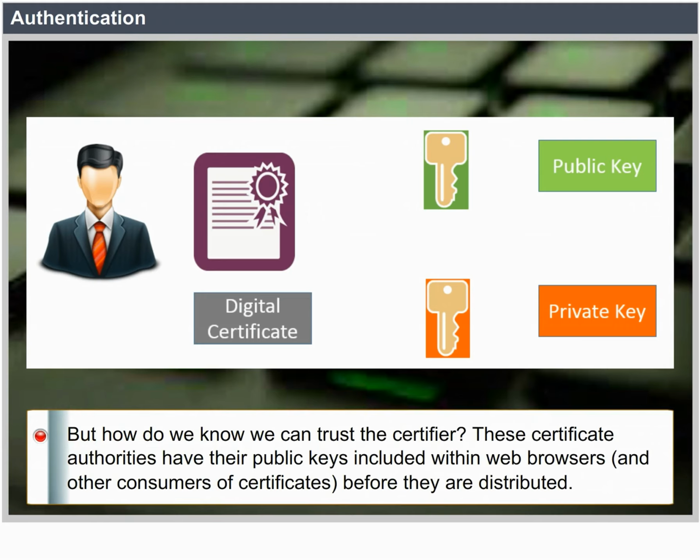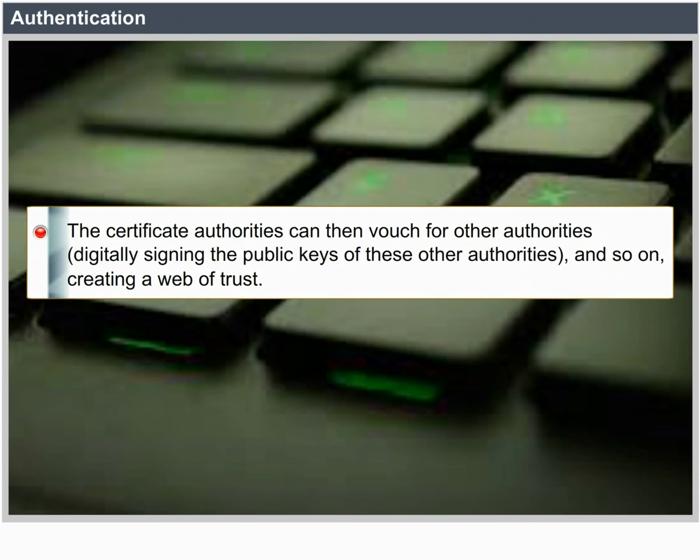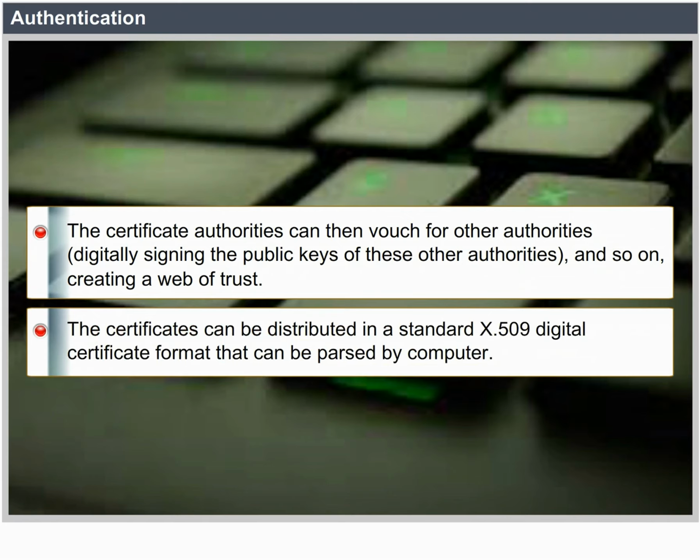These certificate authorities have their public keys included within web browsers and other consumers of certificates before they are distributed. The certificate authorities can then vouch for other authorities, digitally signing the public keys of these other authorities and so on, creating a web of trust. The certificates can be distributed in a standard X.509 digital certificate format that can be parsed by a computer.